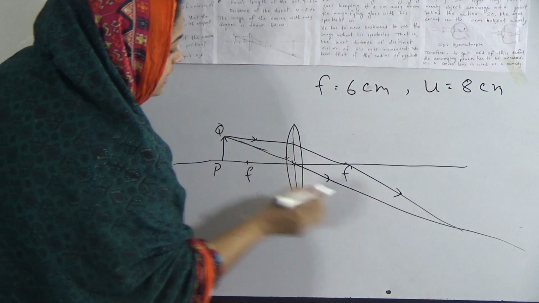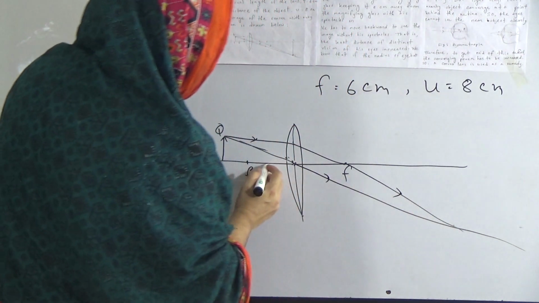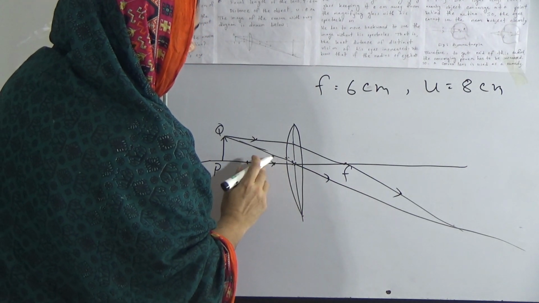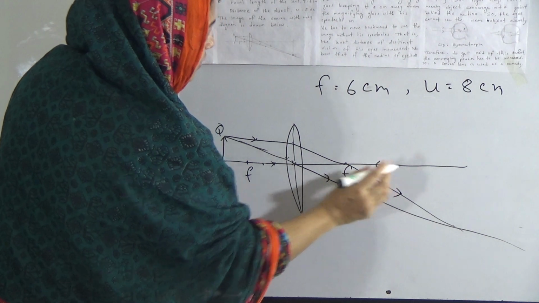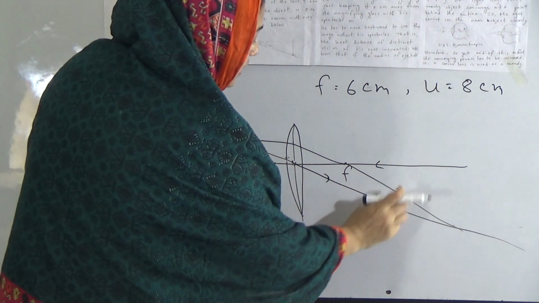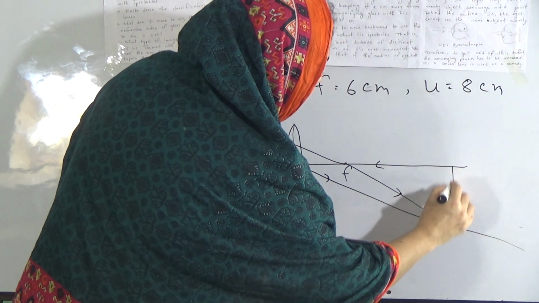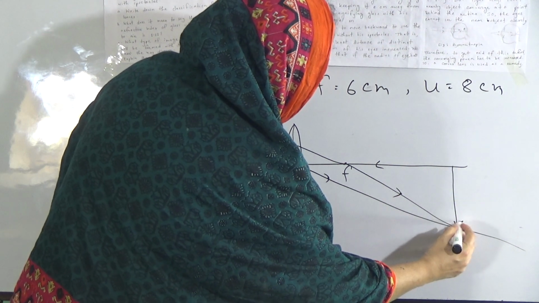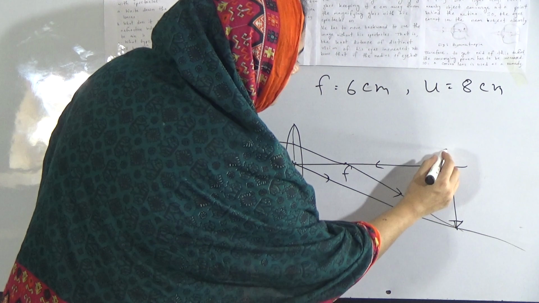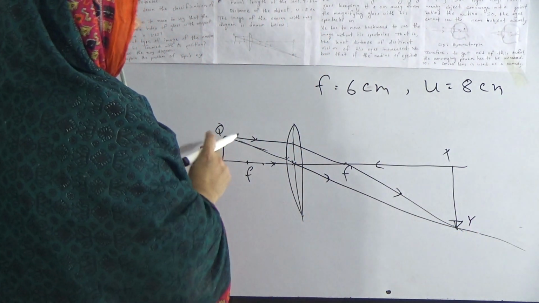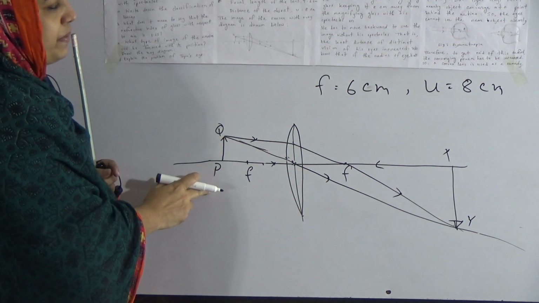Okay, my dear students, and another light ray coming from here will go the same path, and these two rays intersect at this point, and now we will draw a perpendicular to the principal axis, and suppose it will be xy. So xy is the image of object PQ.